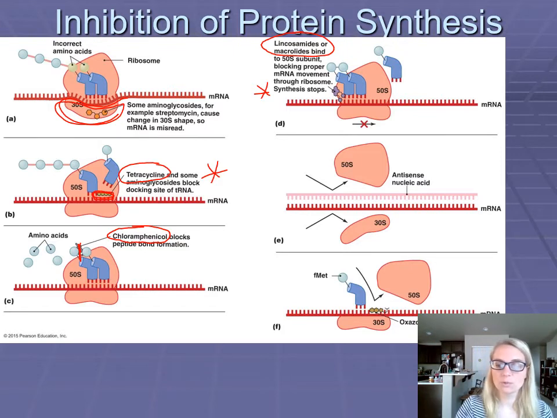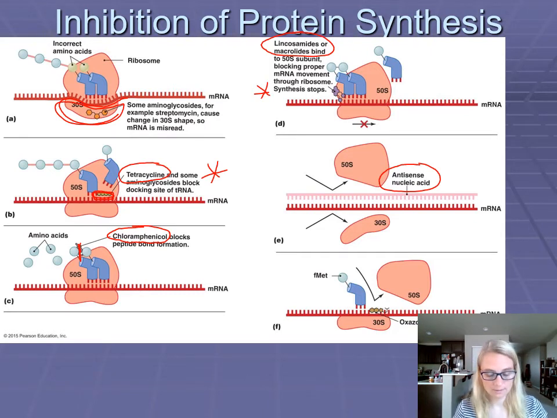antibiotics. So the first one is called an antisense nucleic acid. So these are going to be made by those synthetic nucleic acid machines we saw back in chapter 8, kind of those tools of recombinant DNA technology. So if researchers are aware of a particular mRNA strand that codes for a vital protein in a bacteria, maybe an enzyme or something, they can figure out what the sequence of that mRNA is.